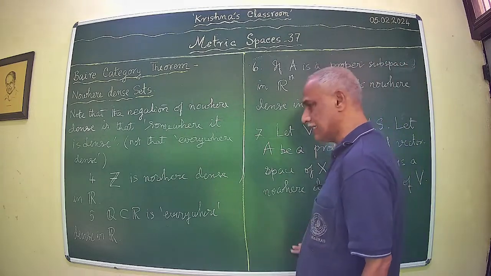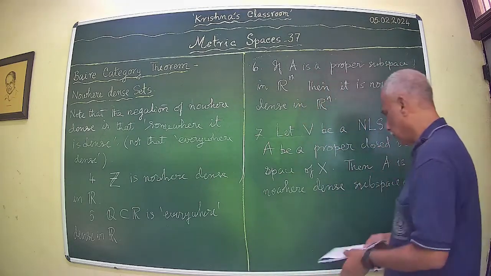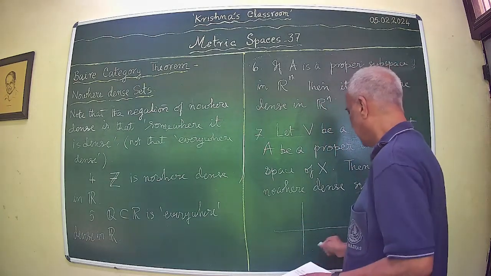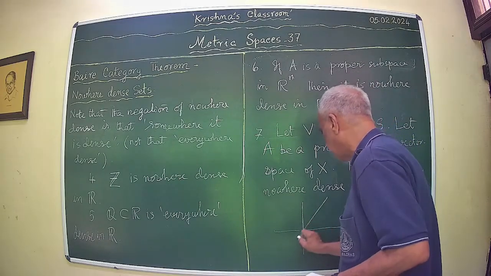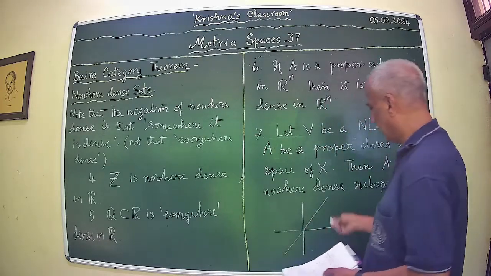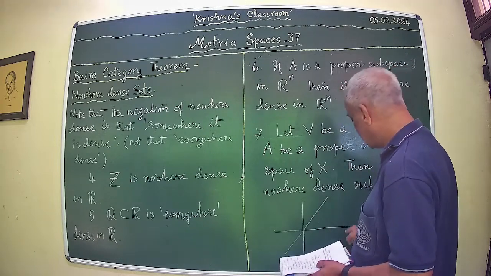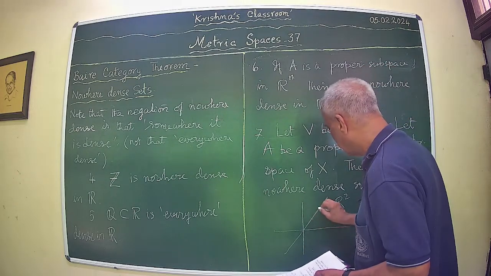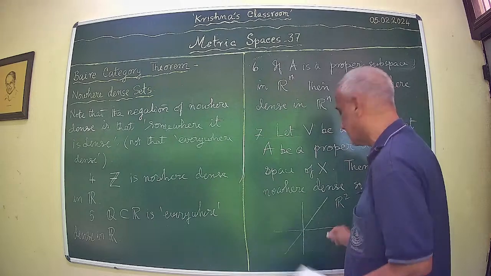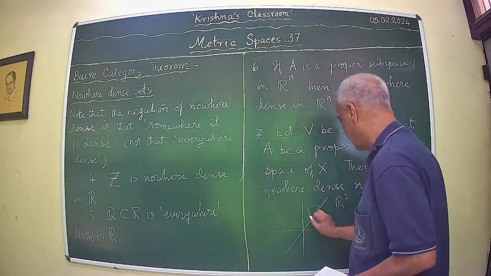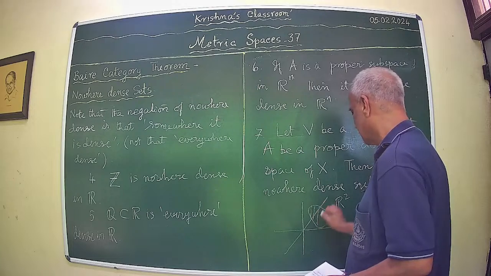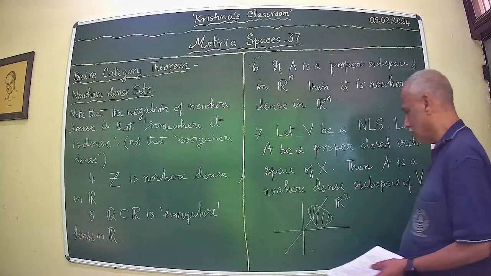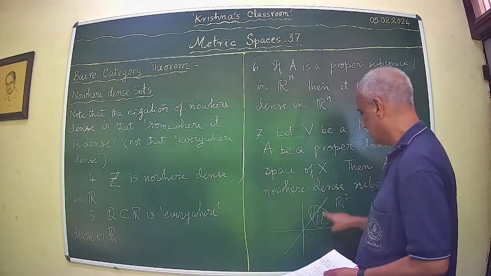See, the fact is the following. For example, I can demonstrate it with R2. You take R2 and suppose you take a one-dimensional subspace of that, it's a line passing through the origin. You see that when you take an open set, it is an open set in R2, not on this. So if you take a segment of this, it is not an open set. There is a lot of gap. So you can find another open subset of that which has no intersection.